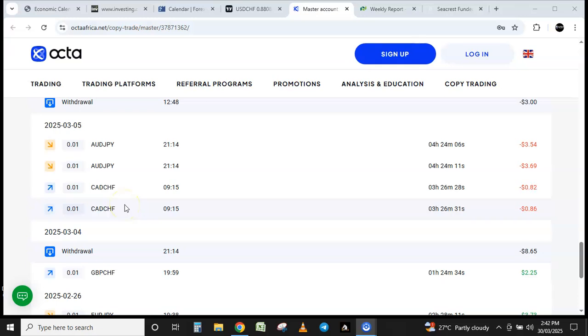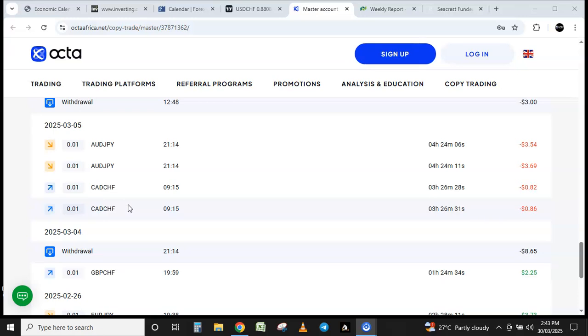I remember that was when the employment data was about to come out from Switzerland, so we needed to close ahead of time. It's not good, that's the truth, to hold trades into a major data release like that, because once the data comes out, it can change the bias. That's the whole reason for not holding it. So we decided to close.